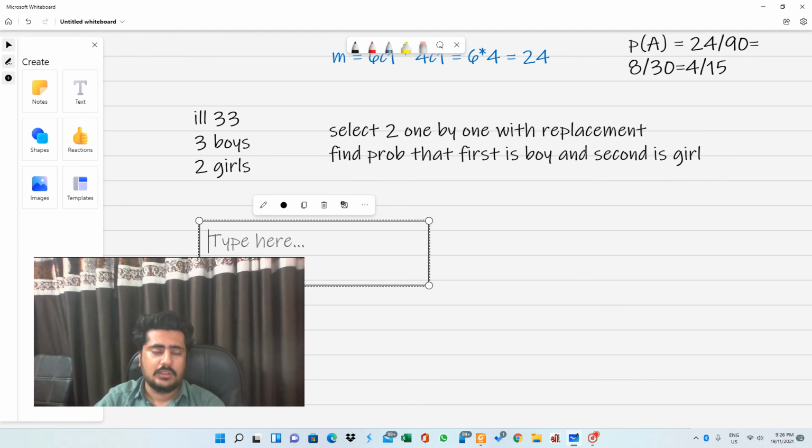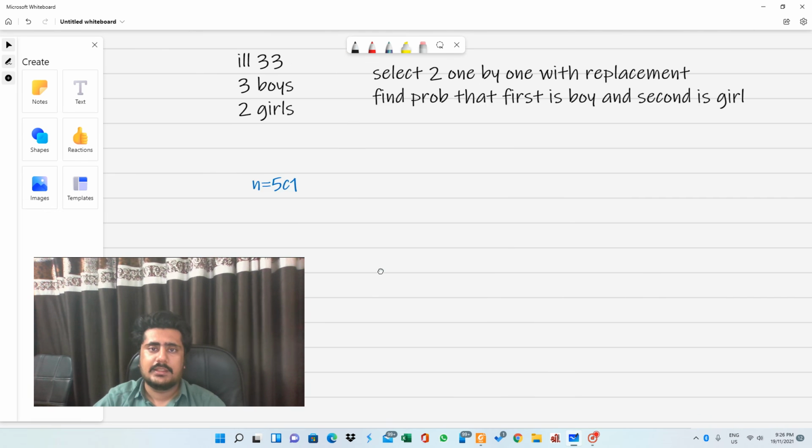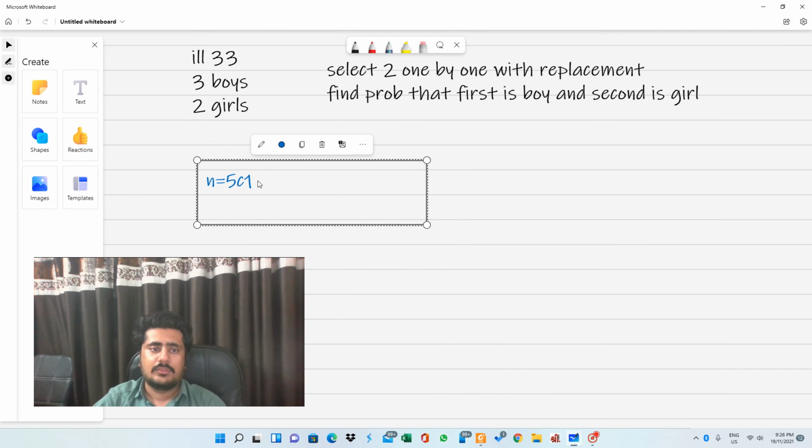So how will I solve this? First of all, I have to find the total possibilities. Three boys and two girls means there are five persons. I have to select one by one, that means 5C1. Into, as I told you, this is with replacement, so again there are five situations for me, so again 5C1.